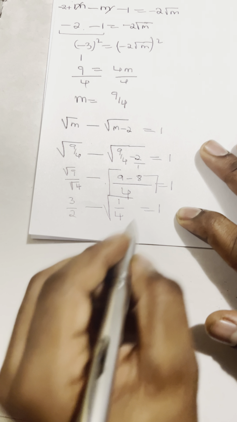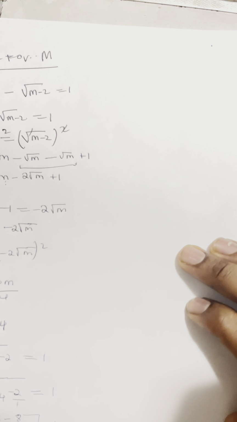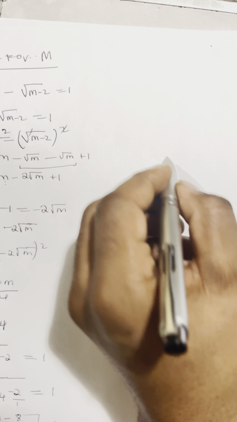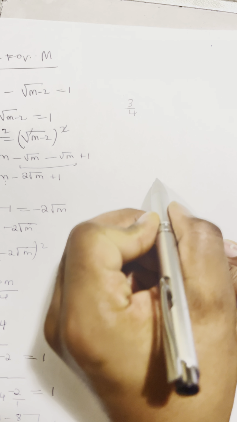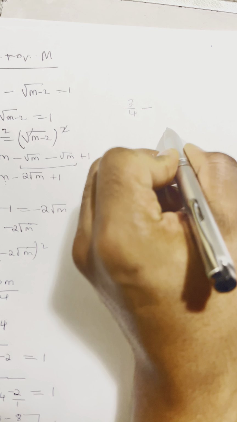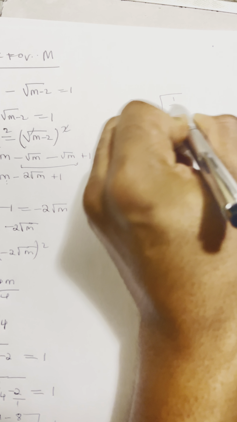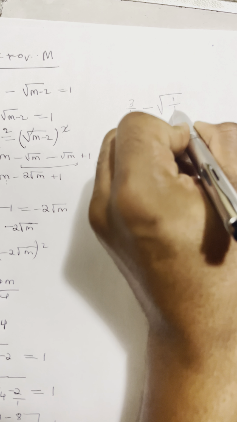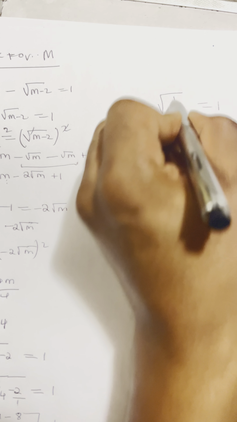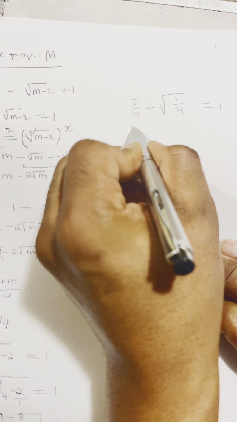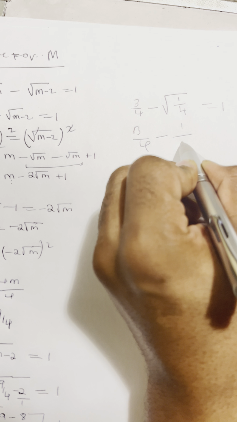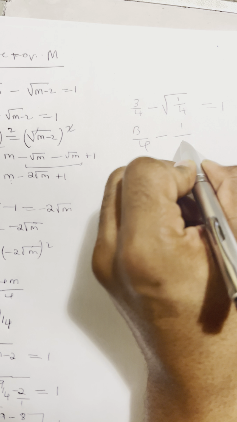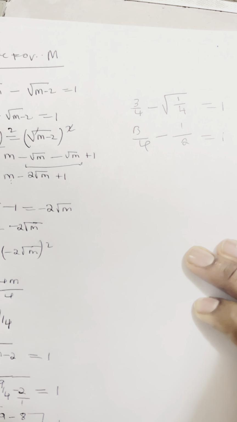Now, we are having 3 over 2 minus the square root of 1 over 4 is equal to 1. Square root of 1 is 1. Square root of 4 is 2. Is equal to 1.